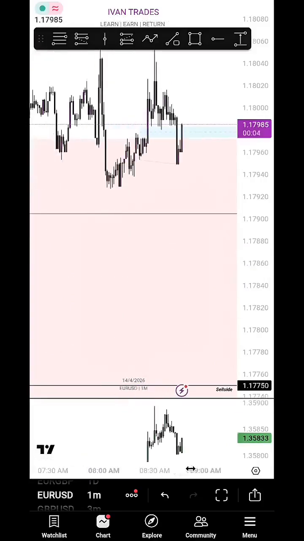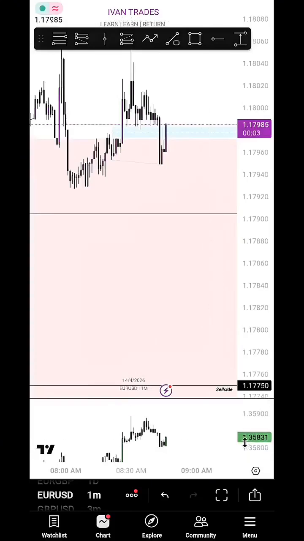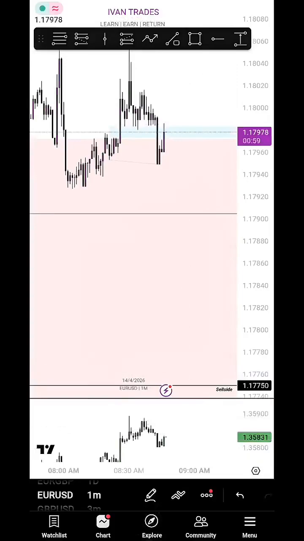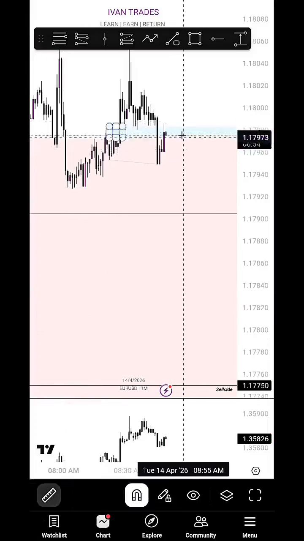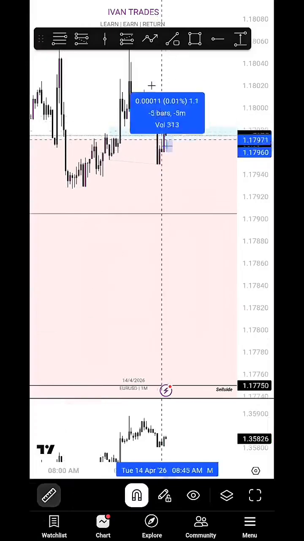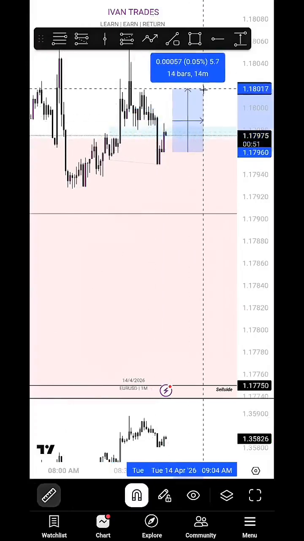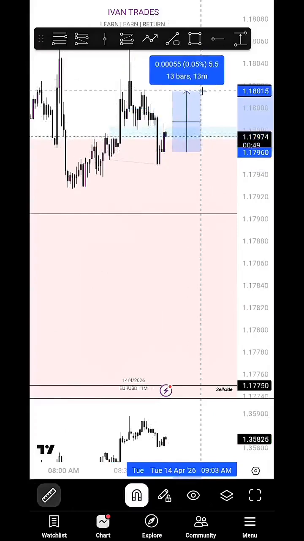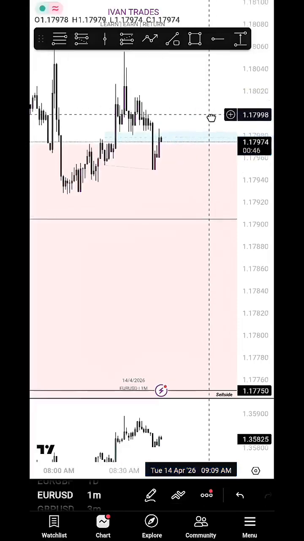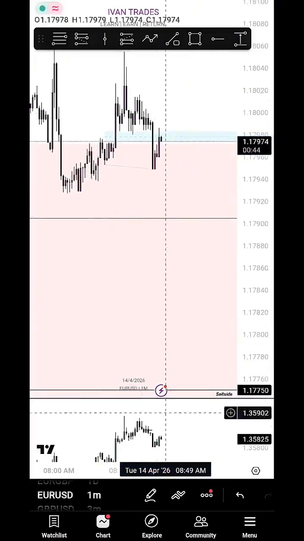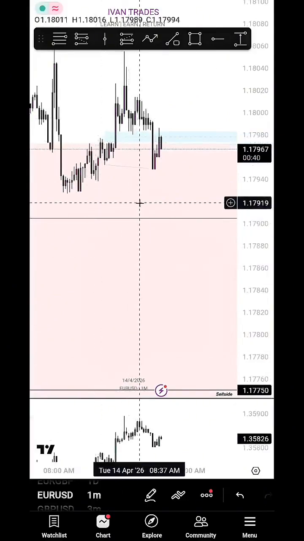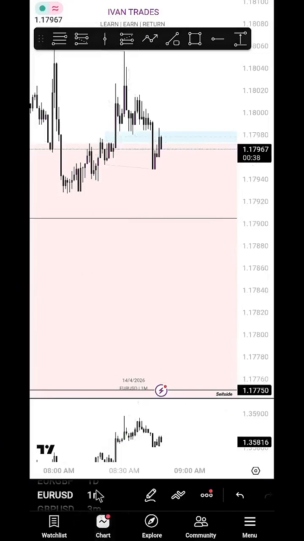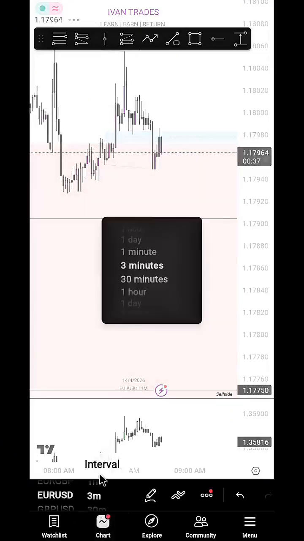But since Euro USD is the weakest one, I'm not interested in looking for setups, but this high can potentially hold if we do have a range of acceptable pips.